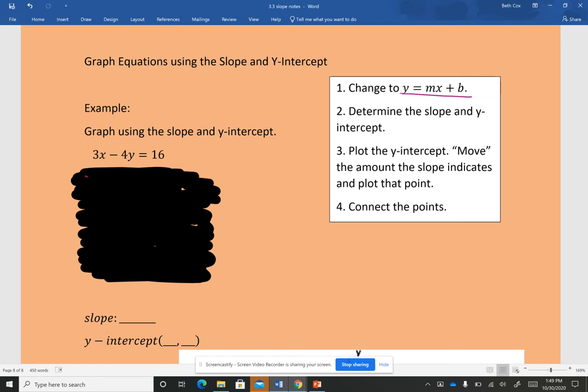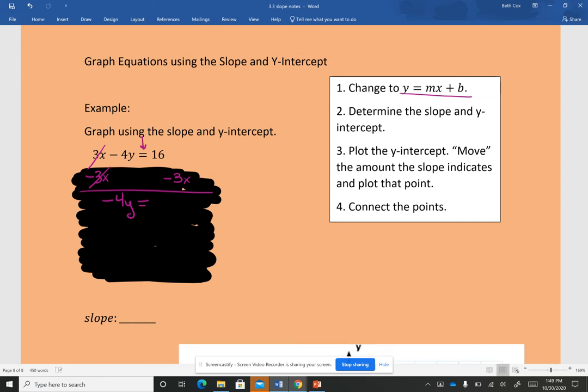So I'm going to subtract 3x on both sides of my equal sign. This will give me a negative 4y equal. Staying with tradition, I'm going to put the x one first. So it'll be negative 3x, and that is a positive 16.